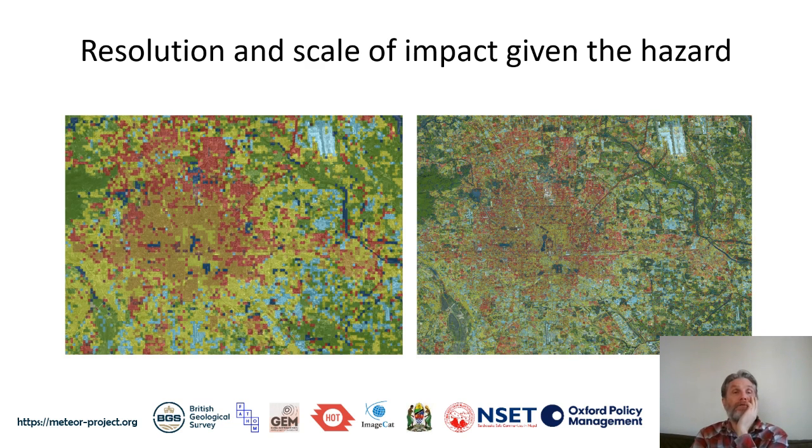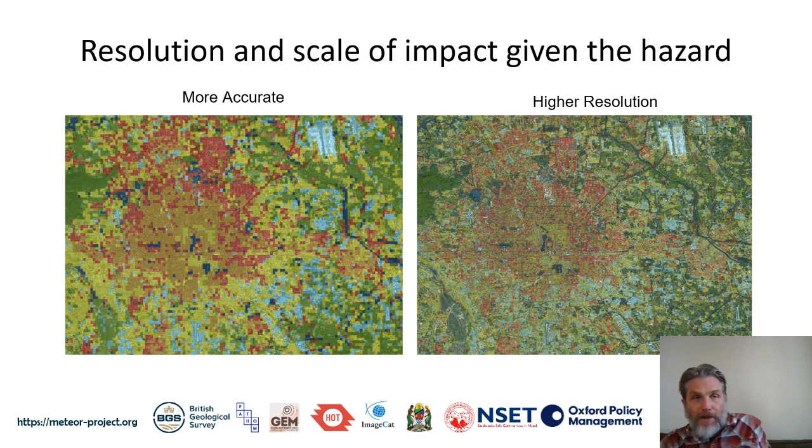And here are the two data sets that I had introduced: the classified image and then the classified data aggregated up.